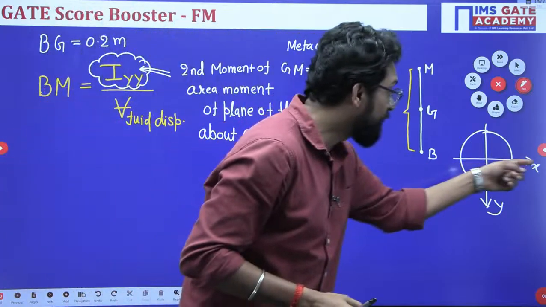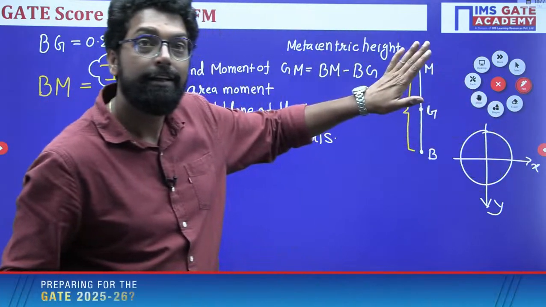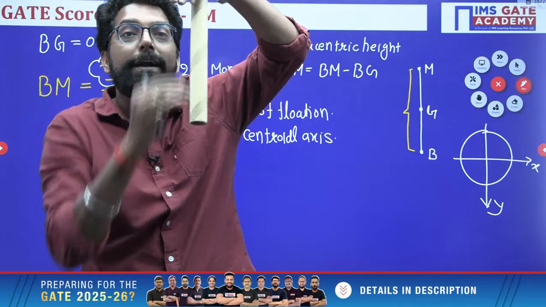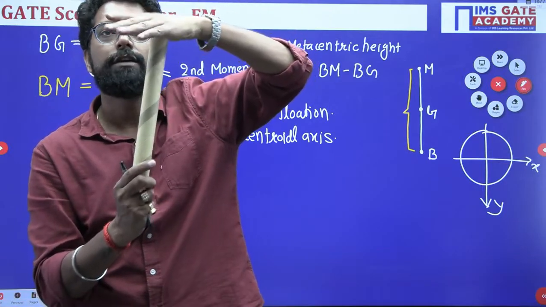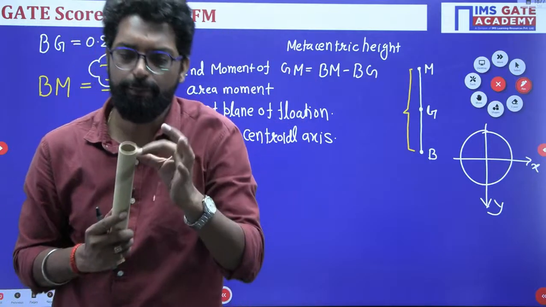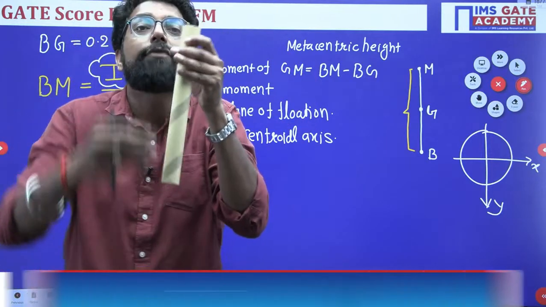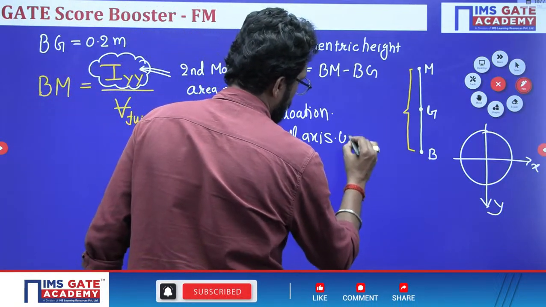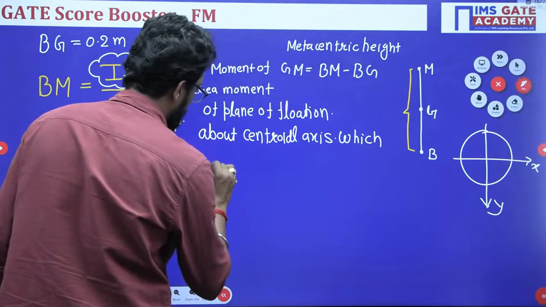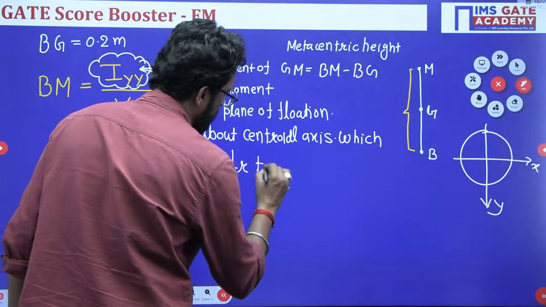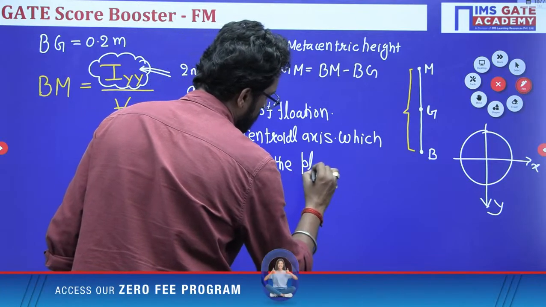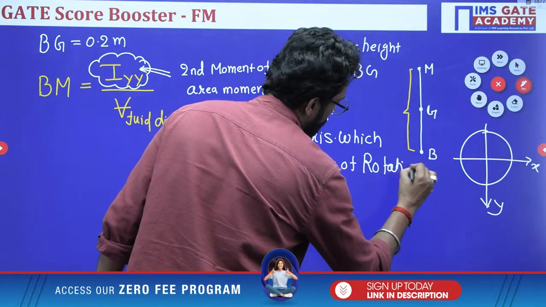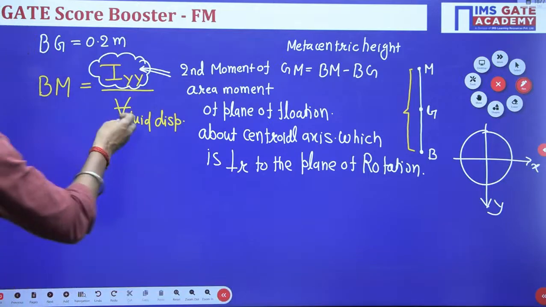This plane of flotation is always perpendicular to the plane of rotation. This is the plane of flotation, which is perpendicular to the plane of rotation. Clear? About the centroidal axis which is perpendicular to the plane of rotation. Clear? And this is the volume displaced.